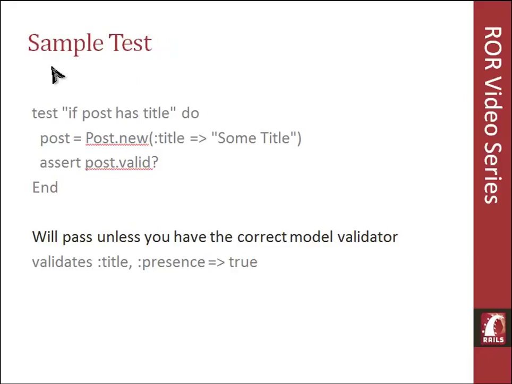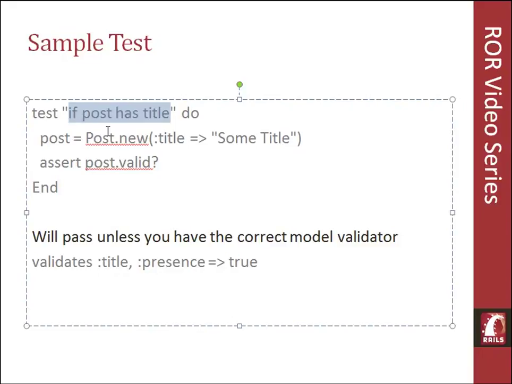A simple sample test would be to test if the post has a title, so we can create a new post with this line here. You'll see we have some title, so we use the assertion to see if the post is valid, and it's going to pass no matter what, unless you have this inside your post model.